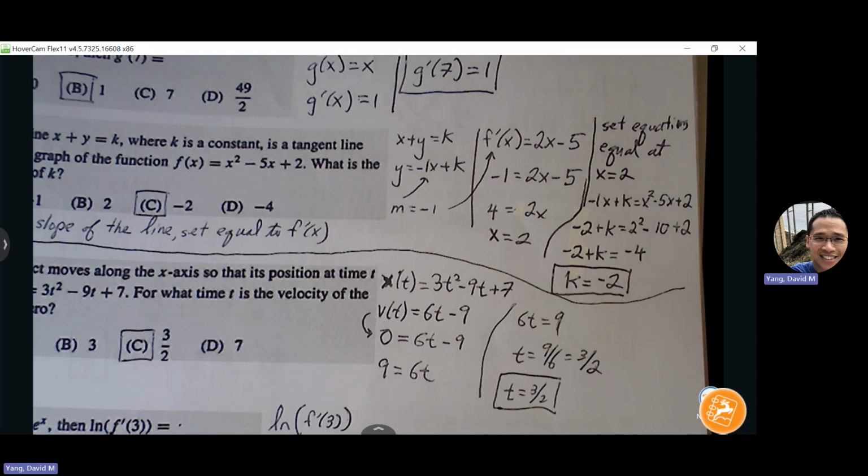I got it mixed up as two functions. Yeah, so we're working with two different things here. If they're gonna share the same slope, then because this slope is -1, that means the curve must have a slope of -1 here. And if I have a slope of -1, I can solve for x, plug it in. x is 2, and once I have the value for x, I can solve for k. I understand. Good.